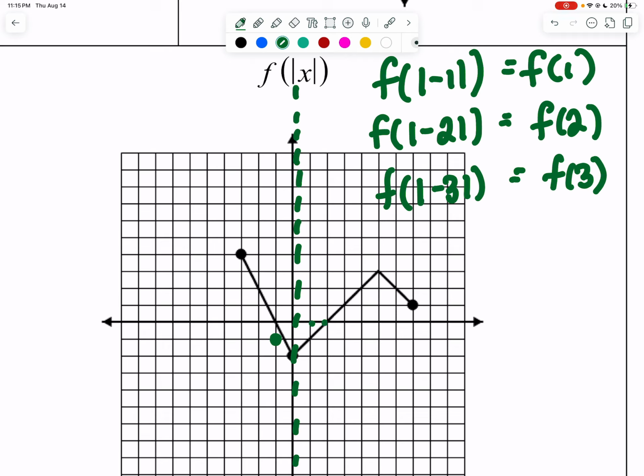So 1, 2, 3, 4, 5, f of 5 is 3, which means that f of the absolute value of -5 should also be 3. Let's see, this one right here, 1, 7, f of 7 is 1, meaning that f of absolute value of -7 should also be 1.